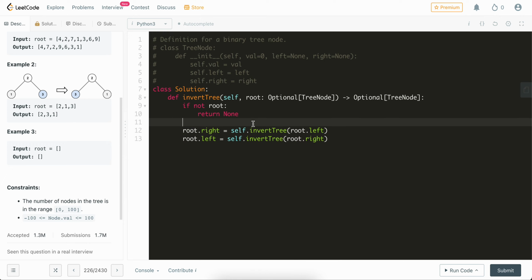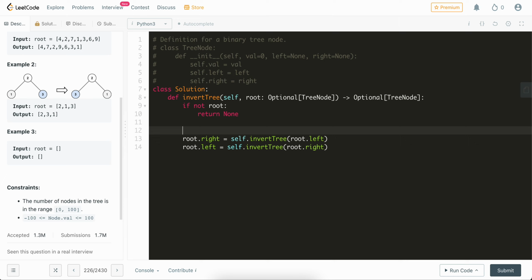What we're going to do to solve this is use a temporary variable to save the previous state of the right root, prior to assigning it to the inverted tree of the left root.